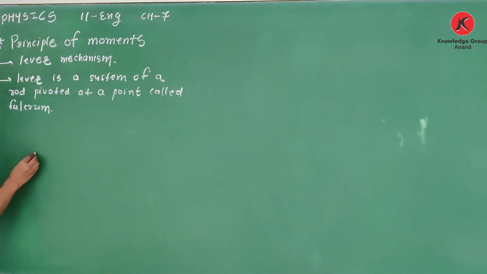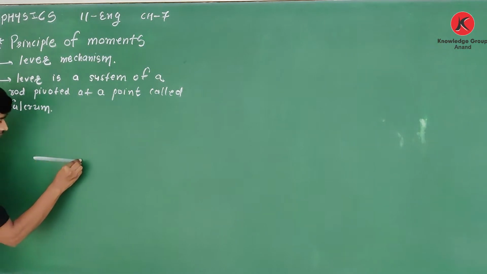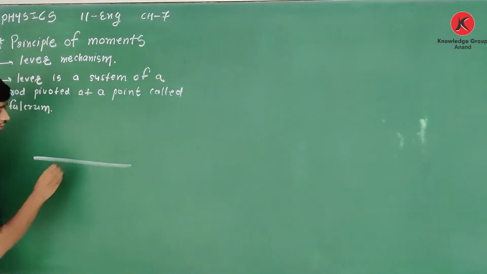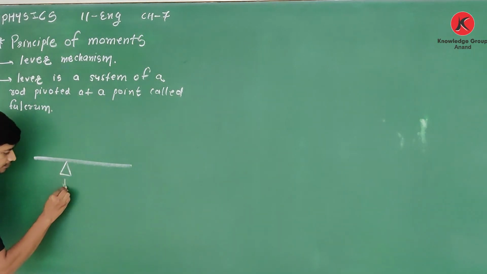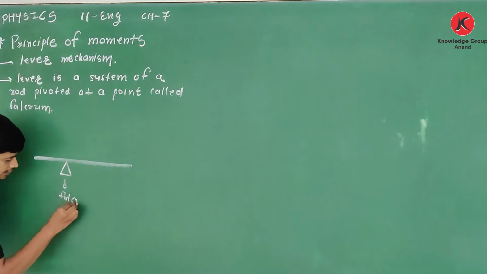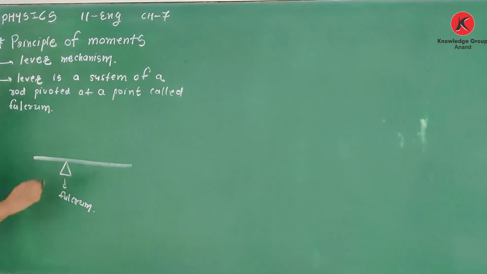See, it is one rod. If it is pivoted at this point, it is called the fulcrum. Clear about this? So a system of a rod which is pivoted at a point called the fulcrum is called a lever.